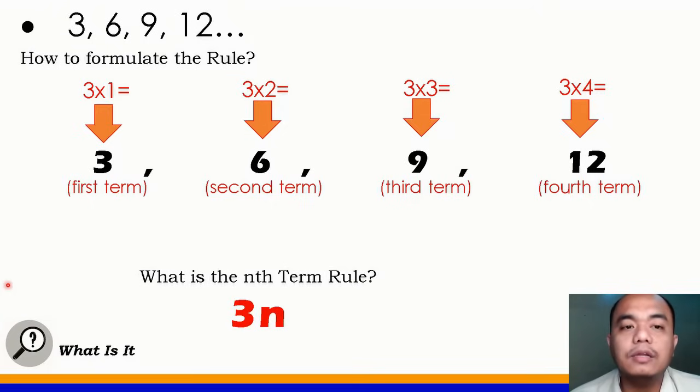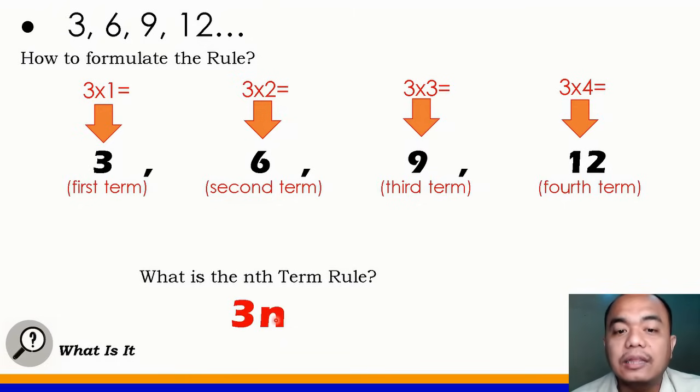Now, kung tatanungin ka, ano kaya yung panglima na term? Okay, pwede natin gamitin yung formula na ginawa natin or yung rule na ginawa natin. So, ano ang i-replace mo sa N kung hahanapin natin yung panglimang numero sa sequence?